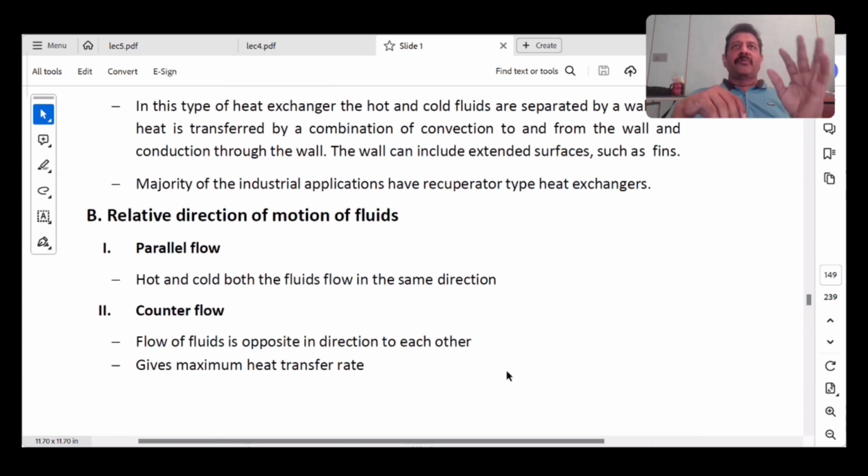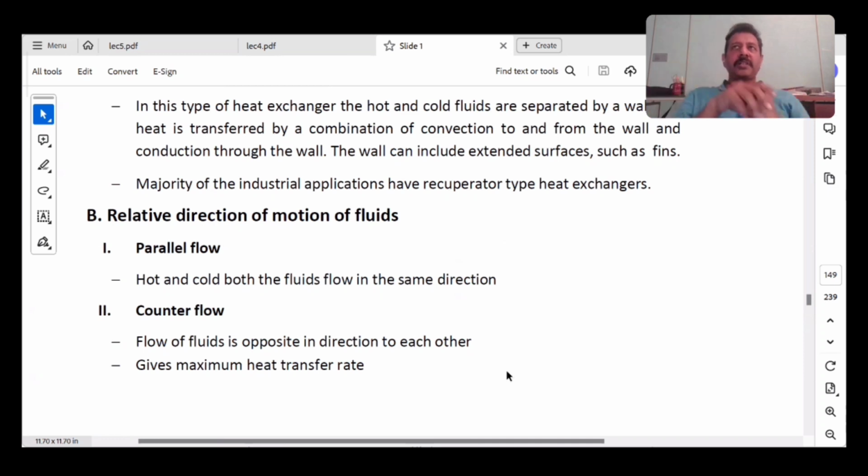Hot fluid flows through it, loses heat to the matrix. Then a cold fluid flows through the matrix and gains heat from the matrix. Alternate, right? But if you want to operate continuously, you need 2 or 3 more matrices, so that with the help of a valve, I can easily make the flow continuous.